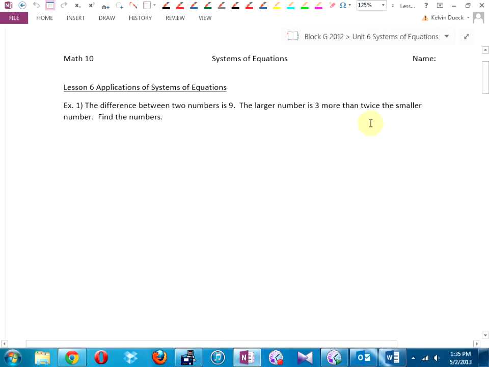Okay, so I want to be organized, clear, and lazy. When I used to teach this to Math 9 kids, we would do these things called let statements, where we would actually write sentences. Let the first number be X. Let the second... You're grade 10s.